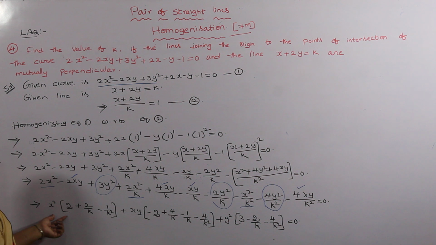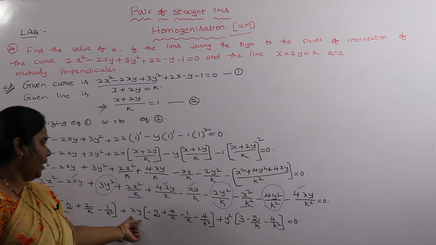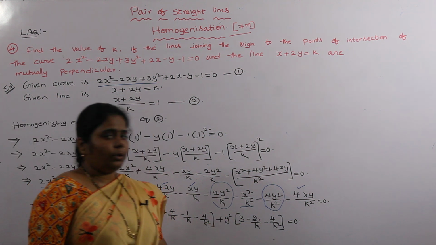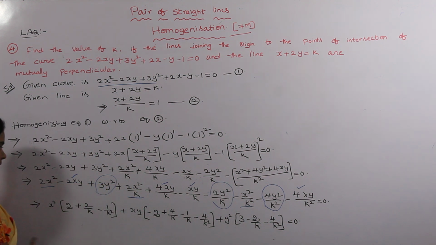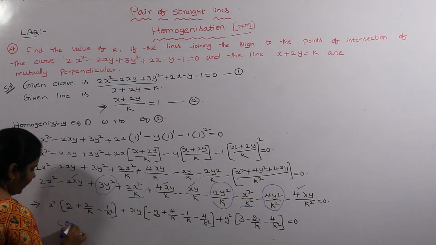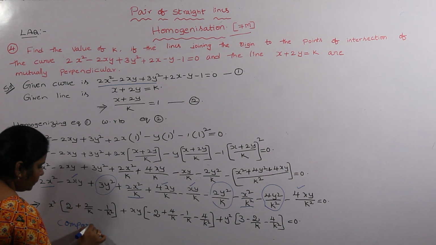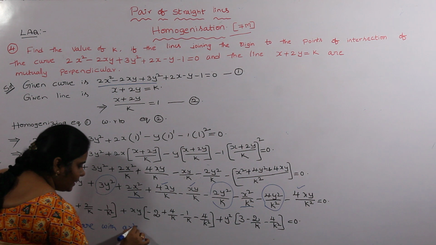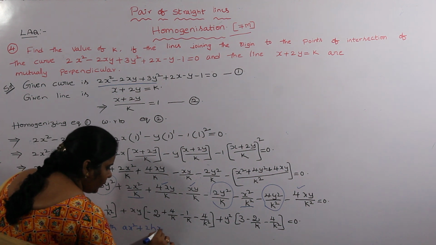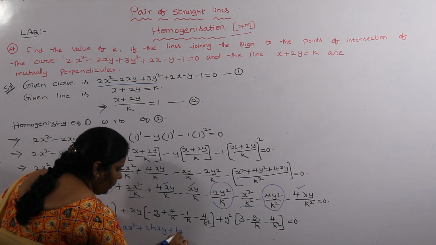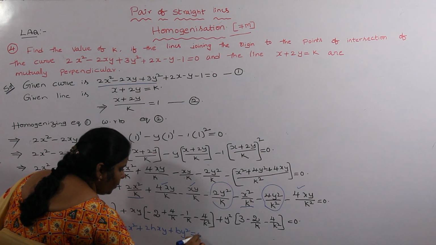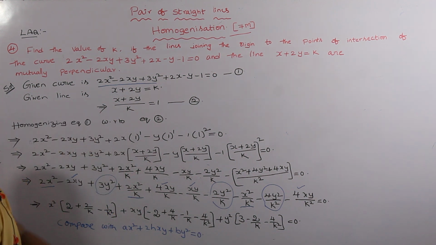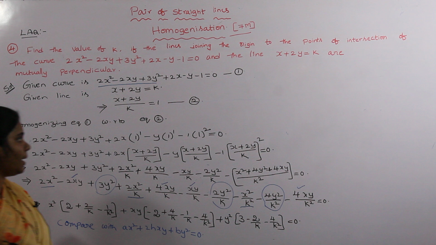So this is in the form of ax² + 2hxy + by² = 0. Compare this equation with ax² + 2hxy + by² = 0. Here the x² coefficient is a, the complete x² coefficient, so this is taken as small a.